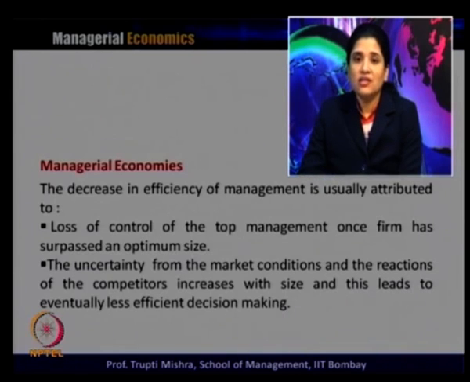The second one is that the uncertainty from the market condition and the reaction of the competitor increase with size, and this leads to eventually less efficient decision making. So, there is always an uncertainty in the market condition, the reaction from the competitor, because if you look at it, the same strategy followed by the company for the last 25 years, the competitor knows the strategy and they are going to react accordingly, that okay, company A has this strategy, so company B has to follow something else because company A goes in that direction.